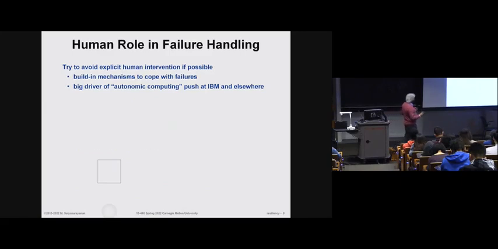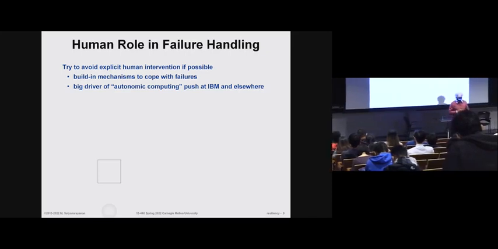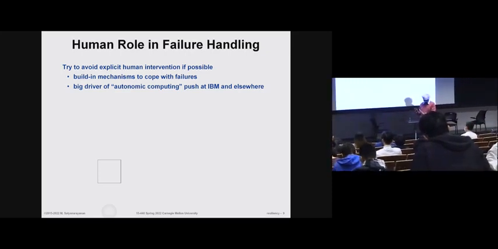Okay, so what have we learned about how to build these distributed systems? Number one, that joke about the dog is somewhat true. If you can avoid human intervention, if you can use an algorithm instead of a human, at least you can verify the algorithm offline.